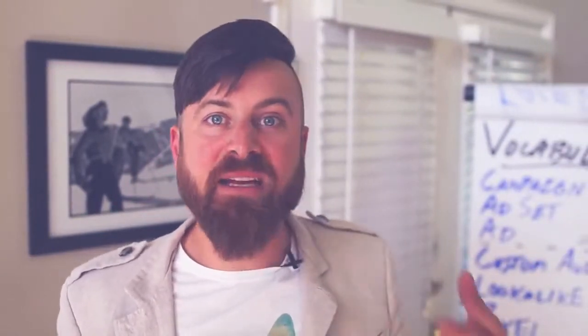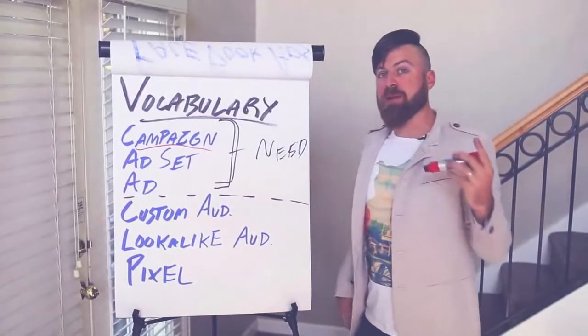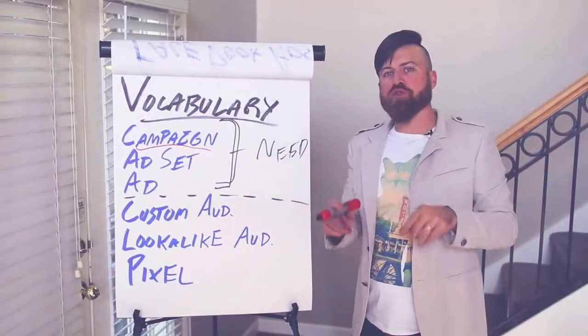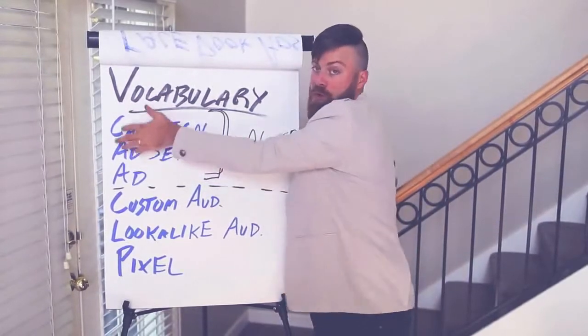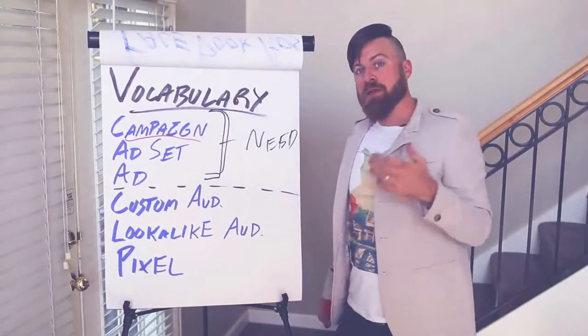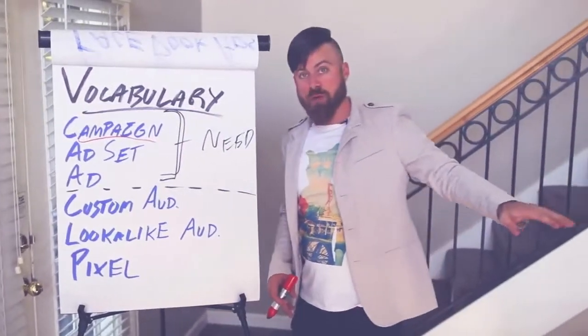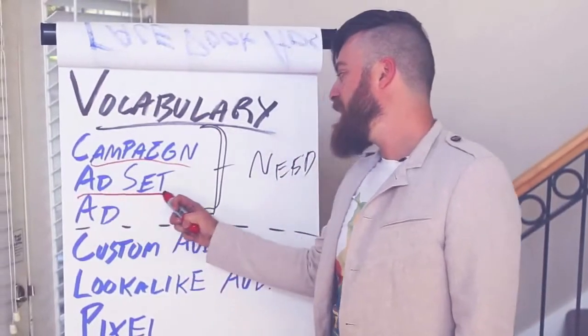An ad campaign is focusing on getting revenue for a particular product or product category. A campaign is the fundamental structural element of launching your ads. This is the folder where all of your ads will fall under. So when you first set up a campaign, and I'll be showing you on my computer in a second, we'll start with a campaign.